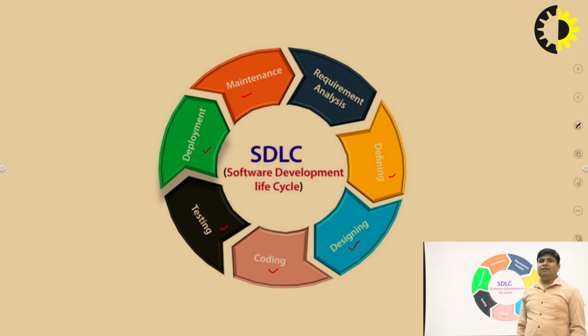Basically, these phases are sequentially correlated to the next phase. So this shows the complete software development life cycle. We can say during the software development life cycle, these phases are considered.